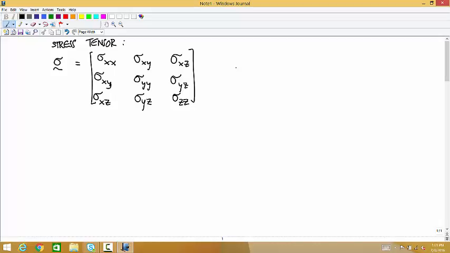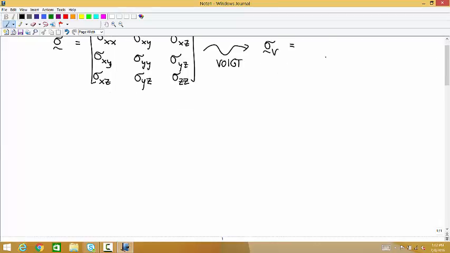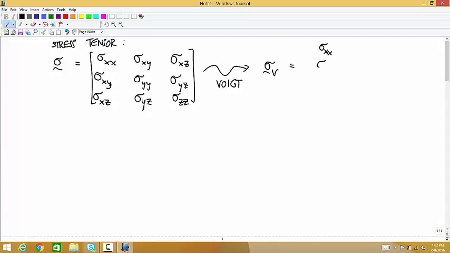And we can write that in Voigt form, like this, just a column matrix of first the normal stresses, and then the shear stresses in this sort of backwards order.